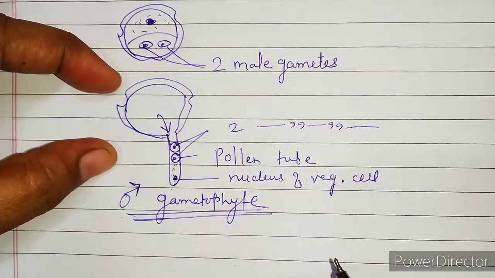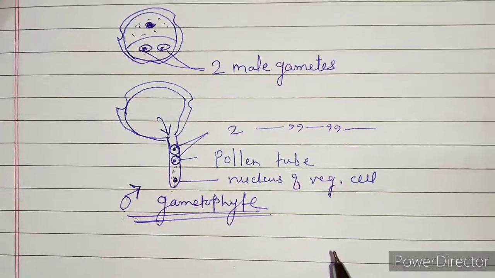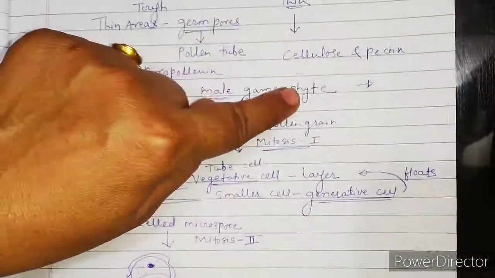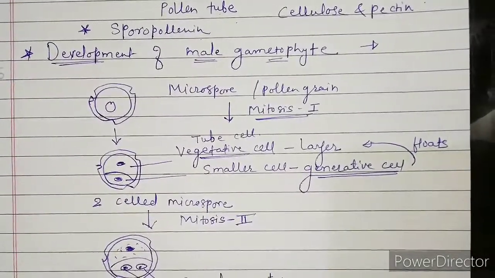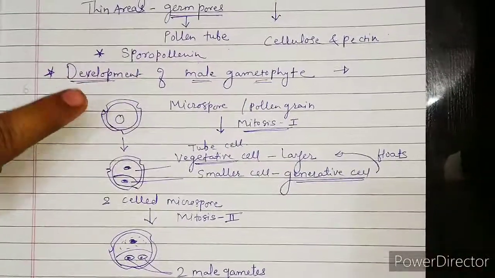This total structure is called the male gametophyte. So here we complete the development of the male gametophyte. Thus the male gametophyte develops from a single microspore or single pollen grain.